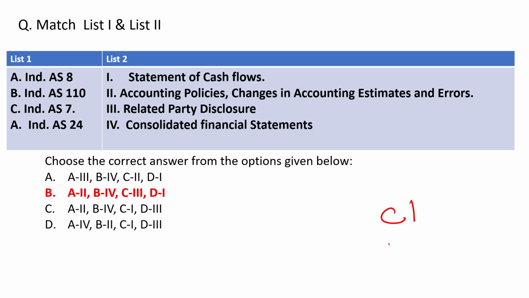Ind AS 24 is related to the related party disclosure. So option number 3 is the right answer here. Option number 3 is the right answer. 2 is not there.